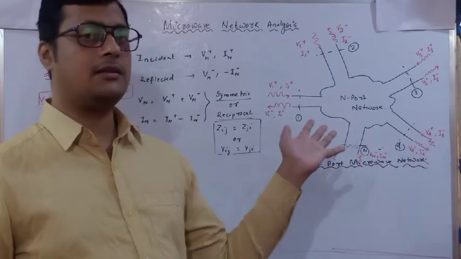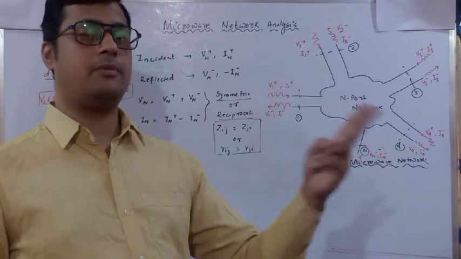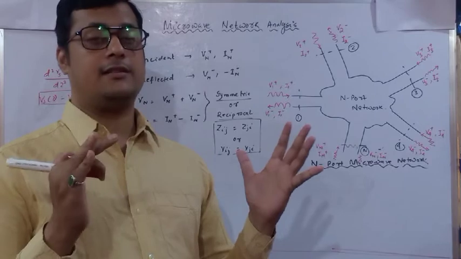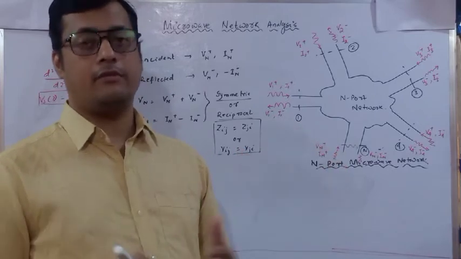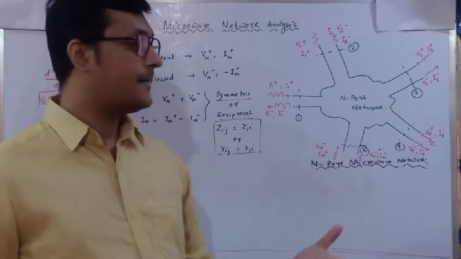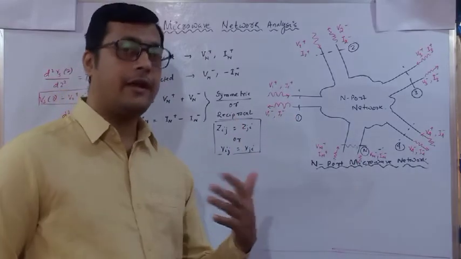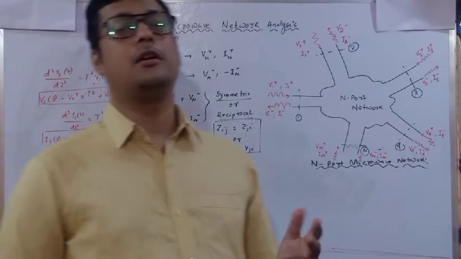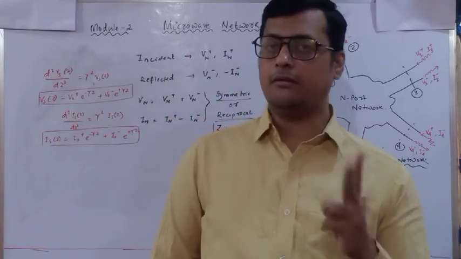As I have discussed earlier, a two-port network for the impedance part and a two-port network for the admittance part, that is Z11, Z12 and so on. Now, if we consider the waveform in terms of potential and current, it will have two components: one is incident, one is reflected.